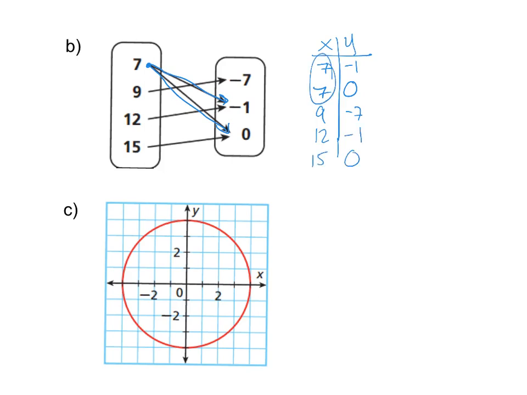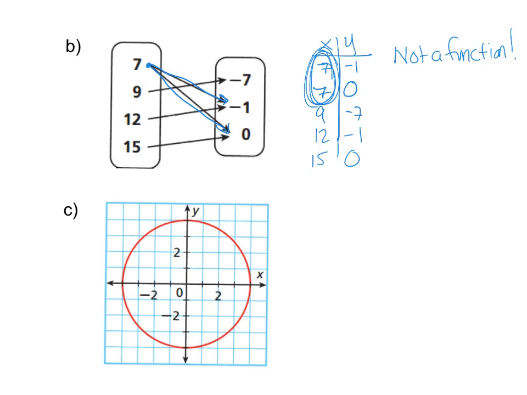Now that I see this, I can very easily see that this is not a function because there was a double in the domain. So this right here makes it not a function. You can't have a repeated domain. So basically, each domain value does not have exactly one range value.